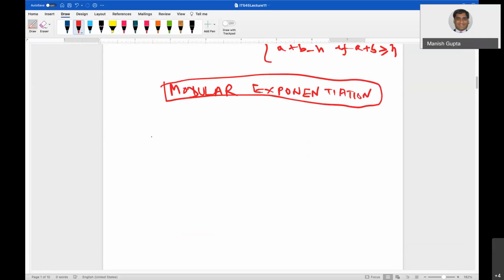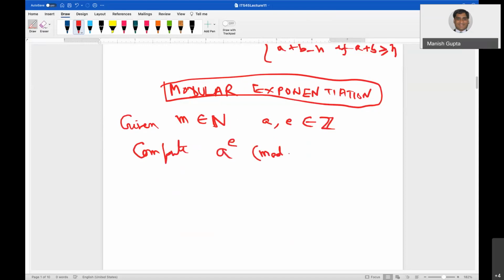What we want to do now: given a natural number m, and suppose a and e are integers, our task is to compute a raised to the power e mod m.